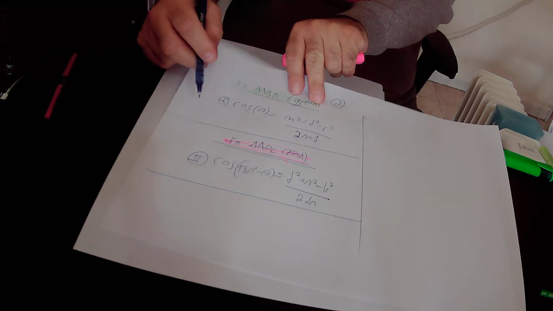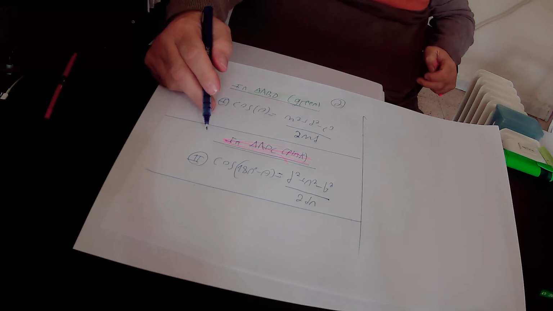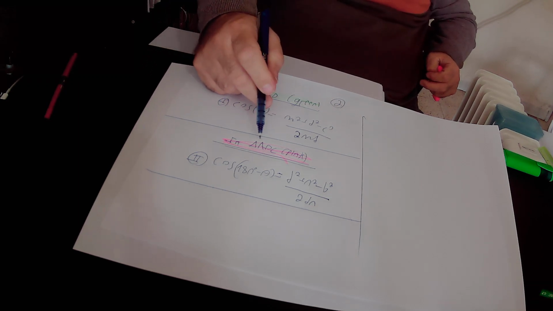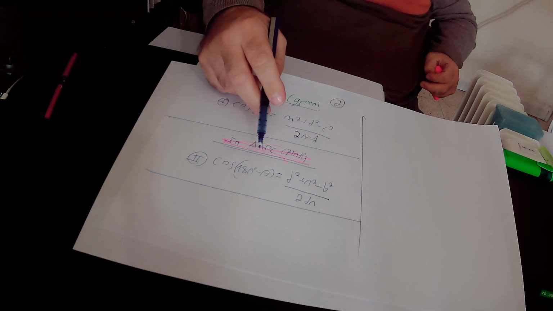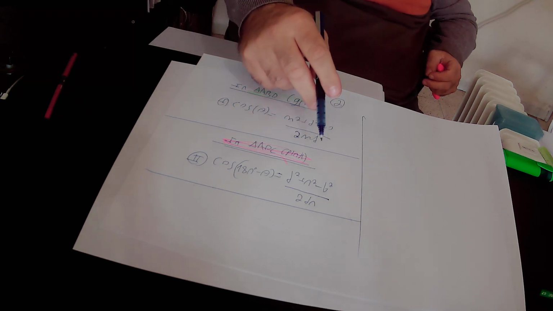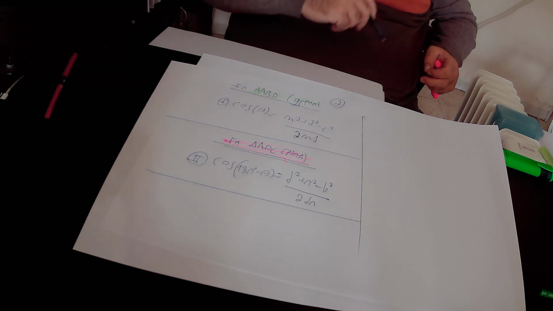This equation number 2 is the implementation of the law of cosines in the pink triangle ADC.